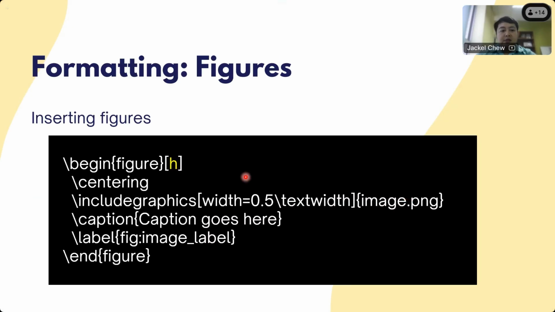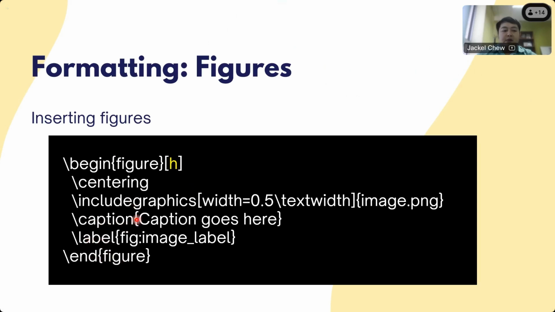And for figures, they consist of several commands, but it's just repetitive if you have many figures. So the only thing you need to focus on is the letter inside the close bracket over here, which is the H. Okay, so for the command to insert figures in LaTeX, you need to follow exactly like begin figure, slash centering, include graphics, slash caption, and label, and then end figure.